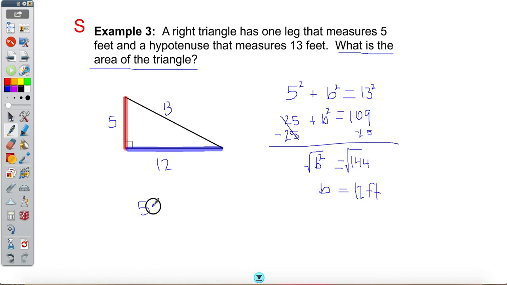So the last thing you should have done is 5 times 12 divided by 2. 5 times 12 is 60, and half of 60 is 30. So our area is 30 feet squared. Whew.